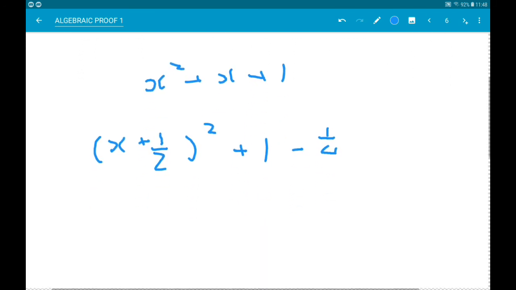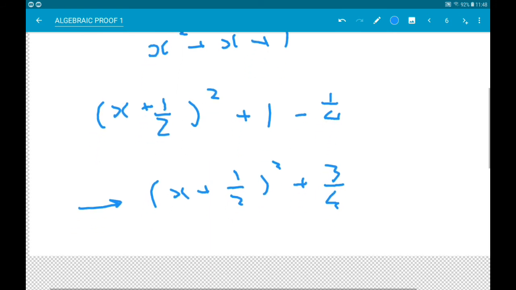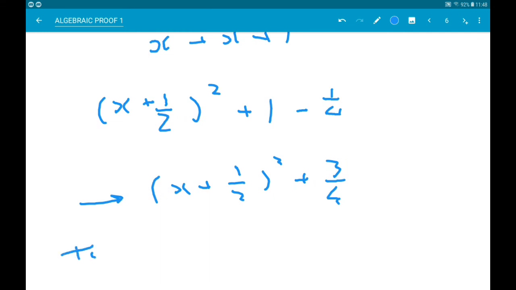So we can write this as (x + 1/2) squared, and then 1 minus 1/4 is 3/4. Now the coordinates of the turning point then, so the x-coordinate is always the negative of the number inside the brackets, so it's going to be minus 1/2.